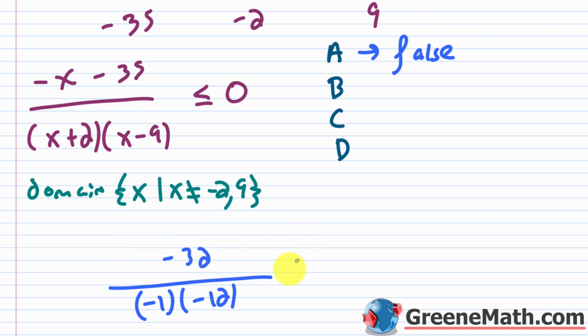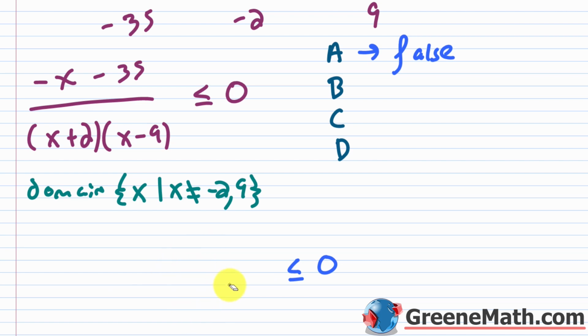So we can see that this is going to be a negative over a positive. So what ends up happening is this will be less than 0. And again, for completeness, negative 1 times negative 12 is positive 12. And so if you had negative 32 over 12, you could divide each by 4 and say this is negative 8 over 3, which again is less than 0. So this is going to be true.